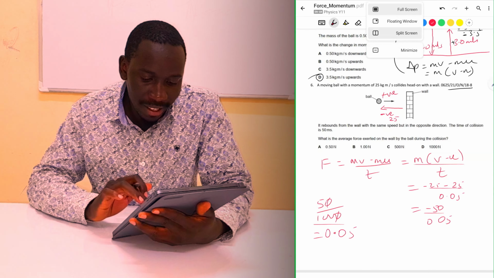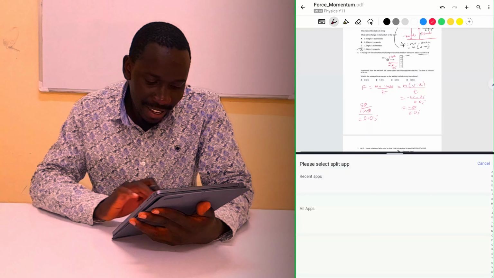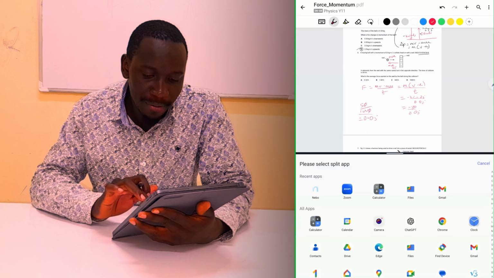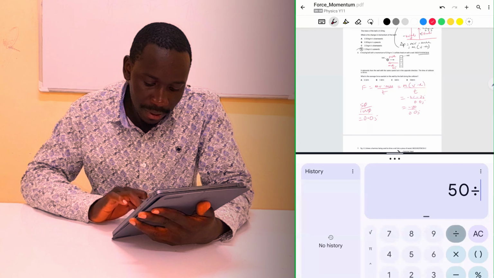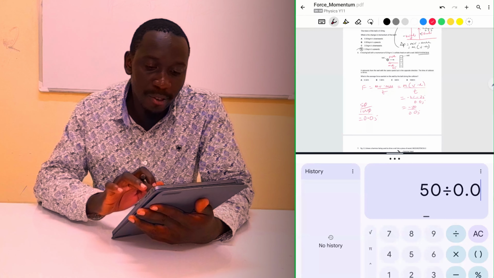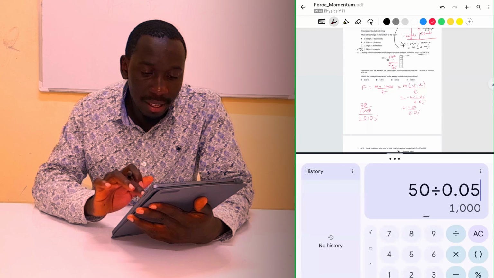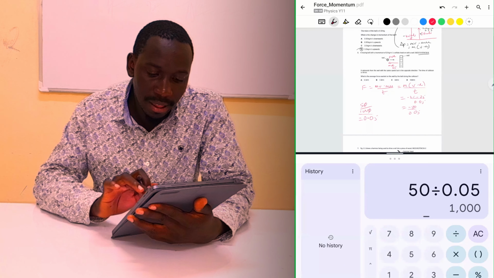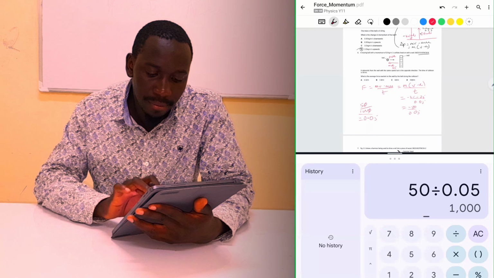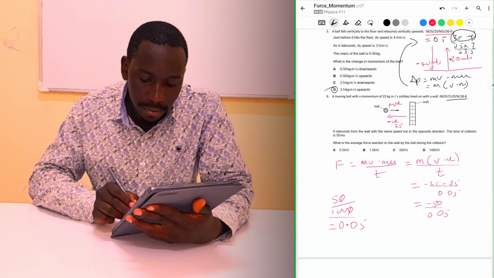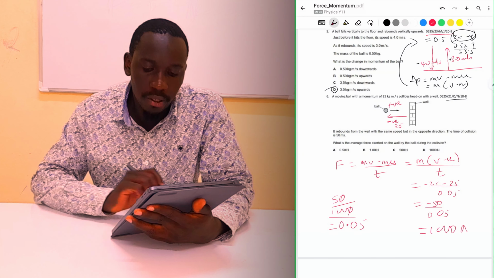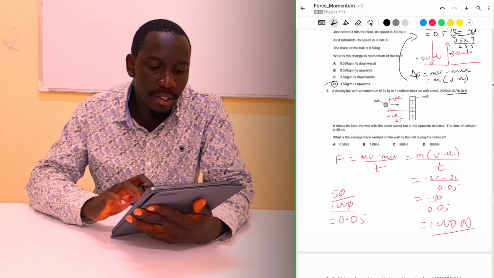That will give us 50 divided by 0.05, that is 1,000. That will give us 1,000 newtons.